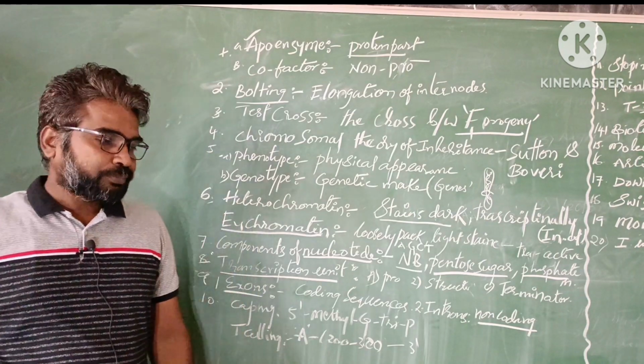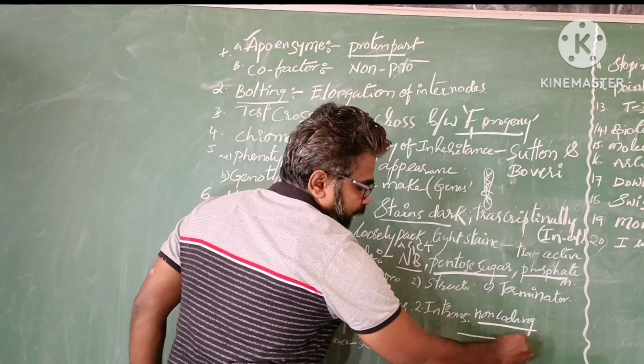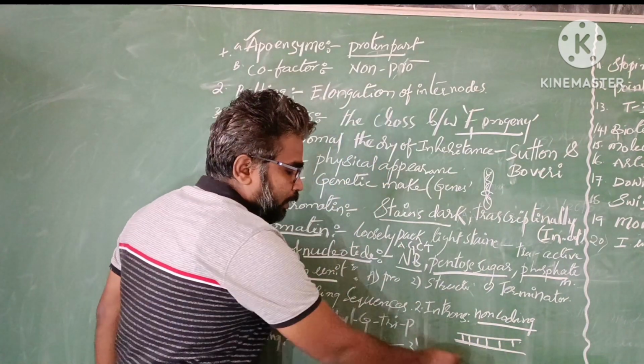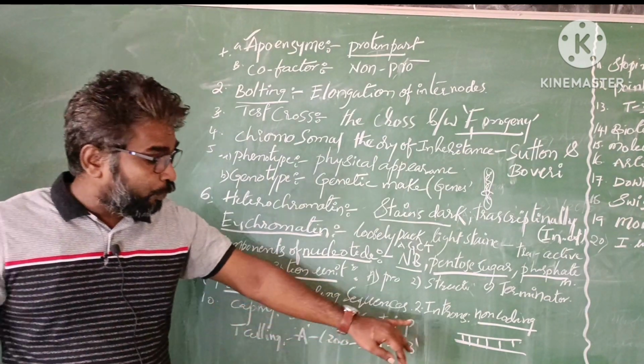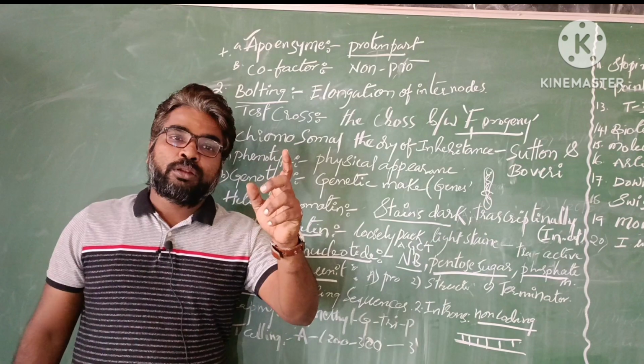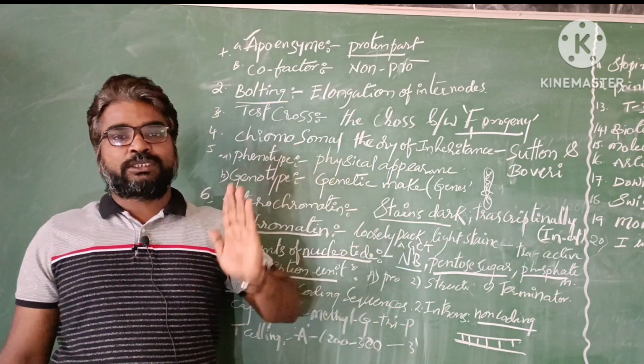Once again, think of the DNA sequence. We already know the information on DNA is in triplet codons according to the nitrogen bases.